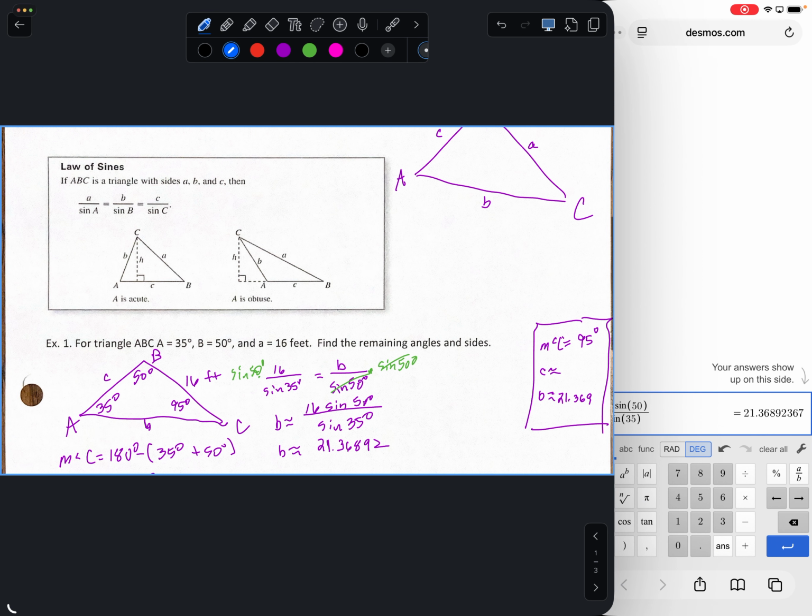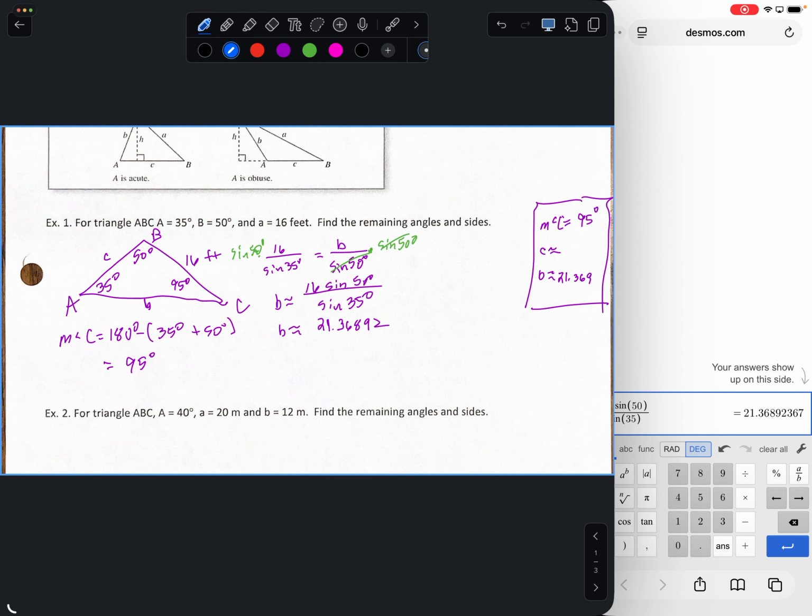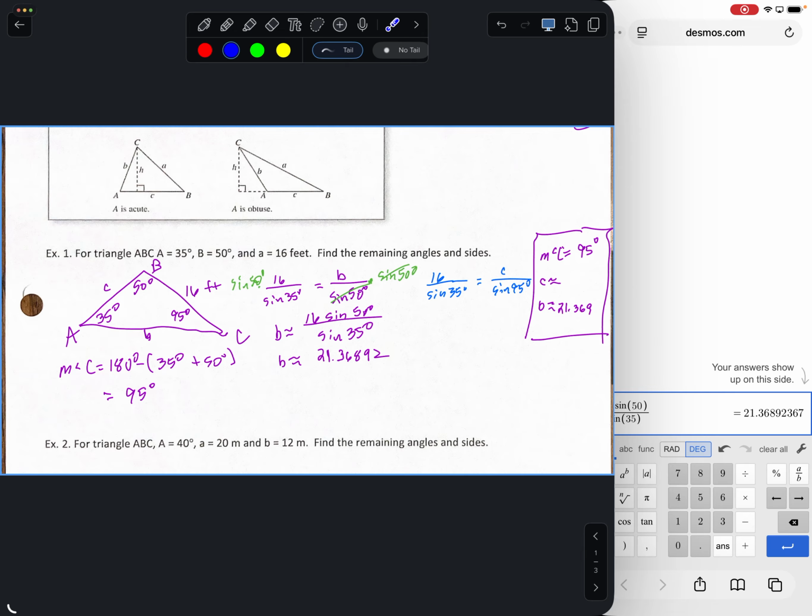And then we do the same thing to find little c. 16 is to the sine of 35 degrees as little c is to the sine of 95 degrees. Again, I'm going to use the one that they gave me rather than having to repeat.